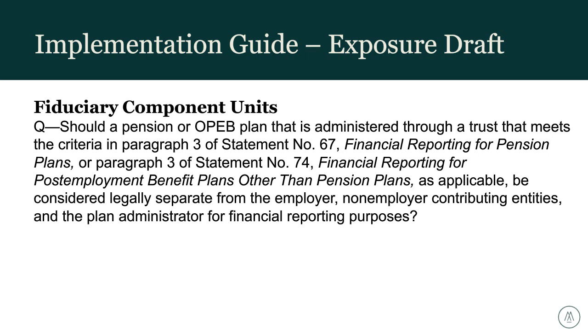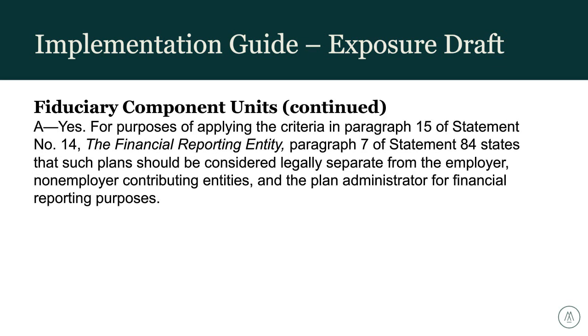Again, that goes back to the first decision tree box that you come to in the flow chart. And the answer to that is yes. Regardless of whether the pension or OPEB plan is a defined benefit plan or a defined contribution plan, if it's administered through a trust, it meets the criteria of Statement 67 or 74 and should be considered legally separate from the employer and the plan administrator for financial reporting purposes.